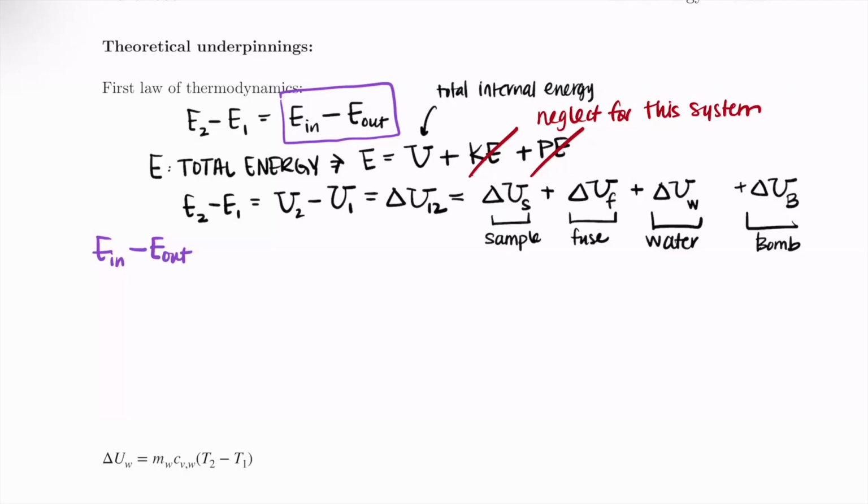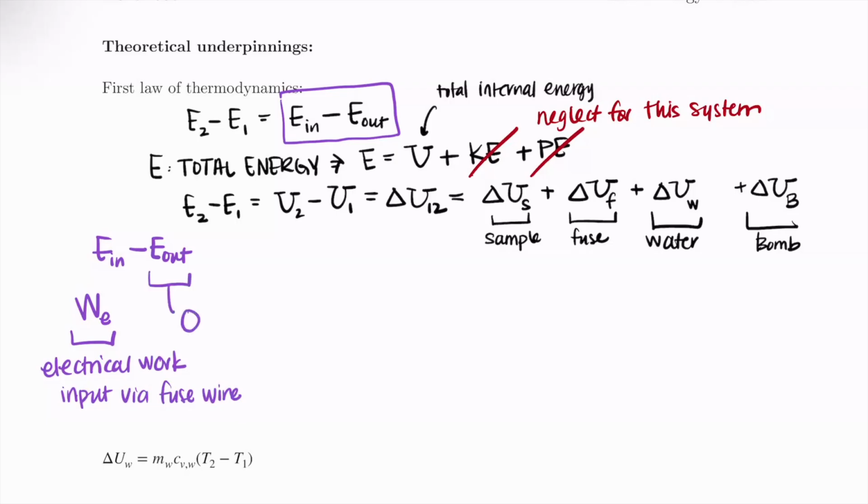So E in is the electrical work input. So I'm going to call this WE. So this is electrical work input via the fuse wire. And then our energy coming out is going to be QB. So this is the heat lost by the system.